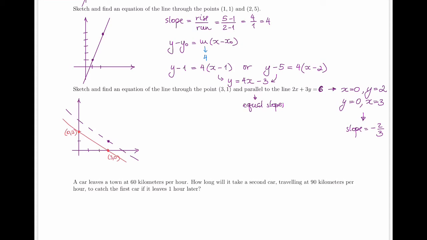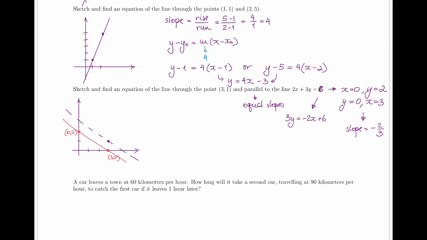The other way to get the slope, or to have sketched this line to begin with, is once again to put this equation into the slope-intercept form. So let me show you the second method here as well, and you can choose whichever one you prefer to follow. In order to put this equation into the slope-intercept form, I have to solve it for y, so I have to isolate y. My first step will be 3y equals minus 2x plus 6.